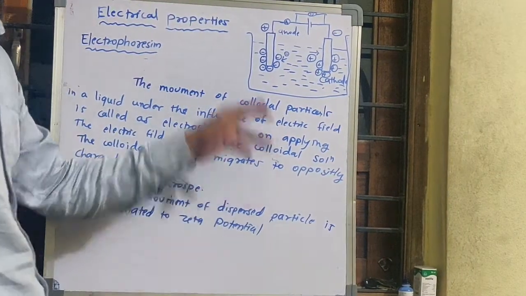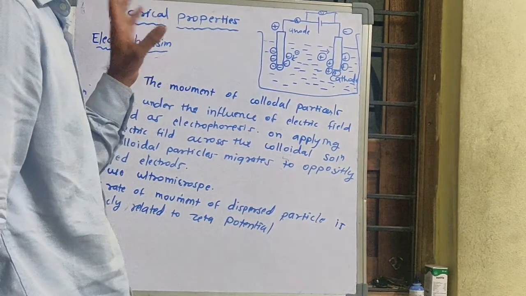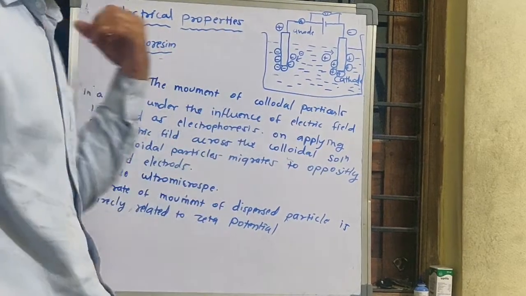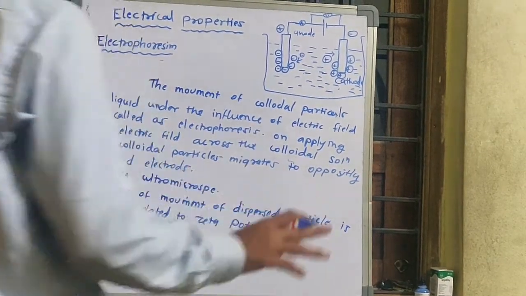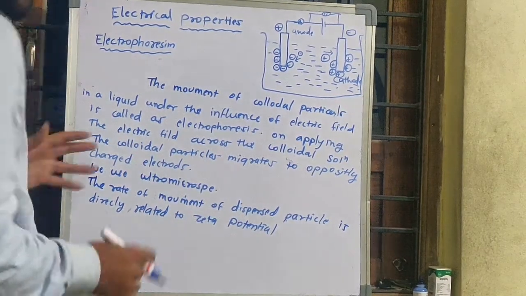Zeta potential is the potential difference between the tightly bonded layer and the electroneutral region. We are going to learn that in the electrical double layer.